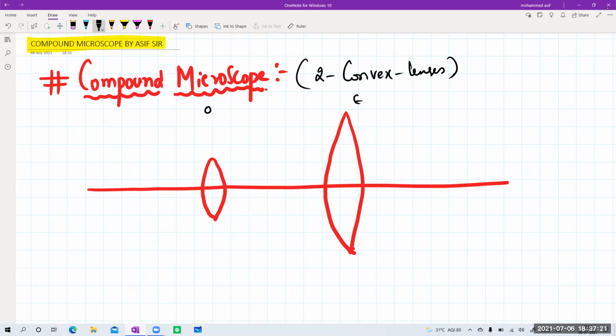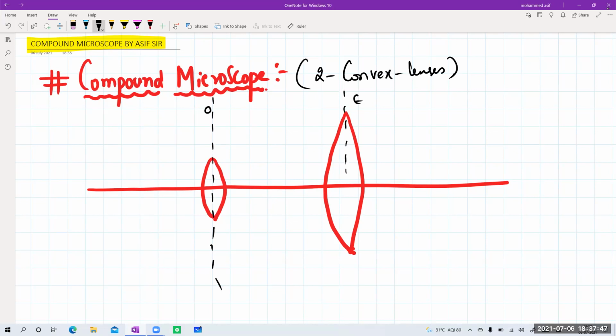So when an object is in front of this one, this is known as the objective, and this one is known as the eyepiece, of larger focal length. This is the focal length of the objective, which I'm writing as f0. The distance between them, I'm taking as L, in terms of the aperture sizes.